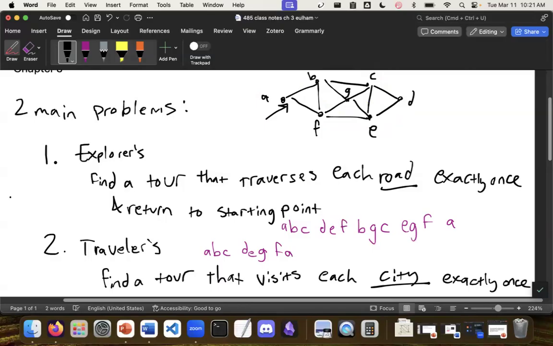So the explorer may visit a city multiple times, and the traveler may omit roads, right? It's not what we care about for each of those. Okay, good to move on. Anyone need more time?